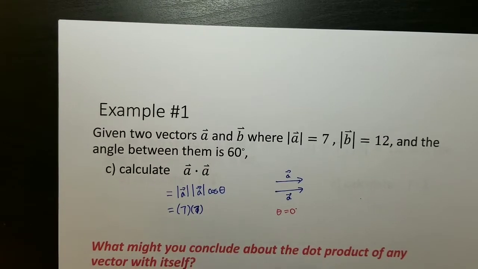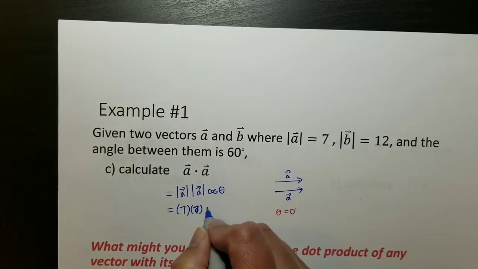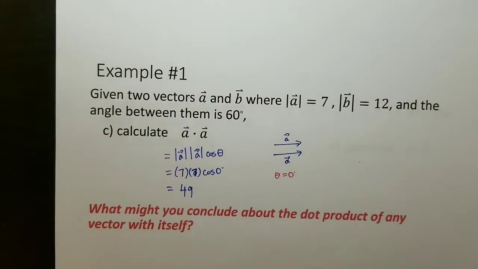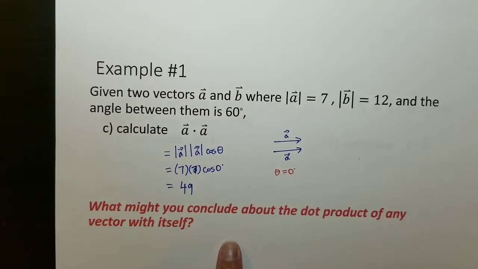So here we don't have any visible angle if we put them tail to tail, so I'm going to have the cosine of 0. And hopefully we remember cos 0 is 1, so this is 7 times 7 times 1, so just 49. What could we generalize about the dot product of any vector with itself?